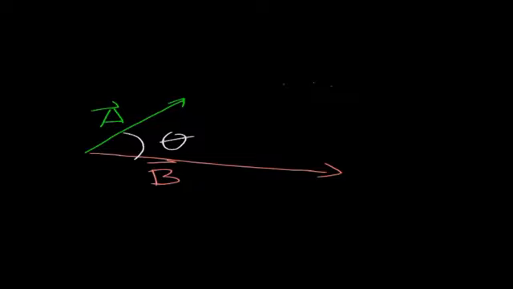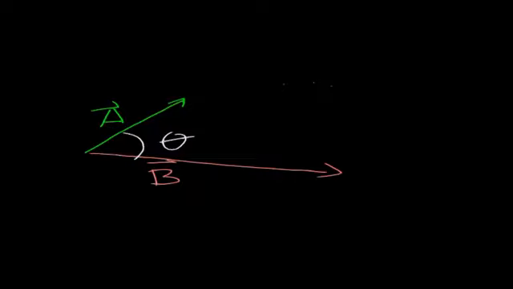So what is the dot product? The dot product is essentially the magnitude of the component of one vector in the direction of the other vector that it's dotted with. That might seem confusing, but let's visualize it.